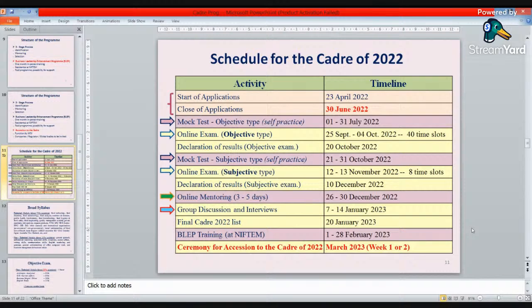And your batchmates may be posted anywhere in the world. Look at the kind of contact development that you will do, how you develop your contacts globally. Today, the quiz competition finalists, 8 from India, 2 from Sri Lanka, and 2 from Philippines, they all know each other.